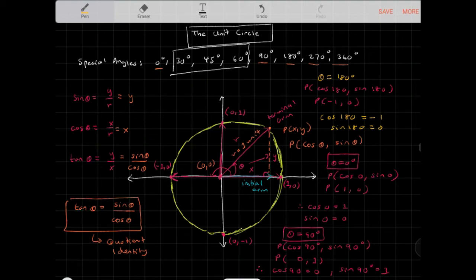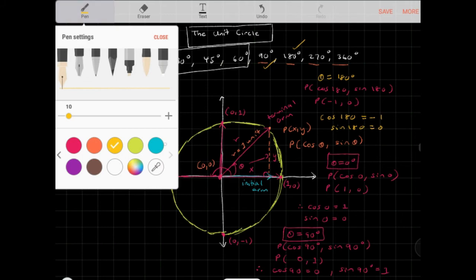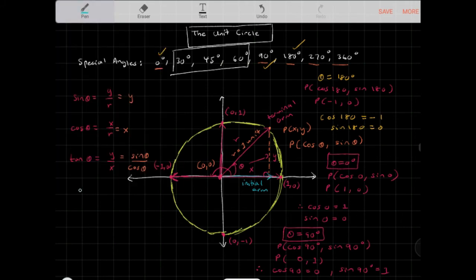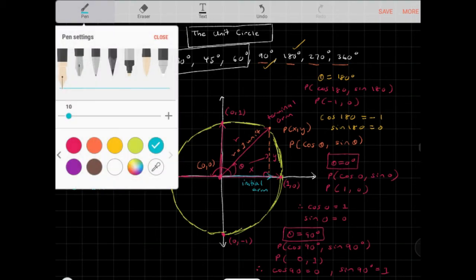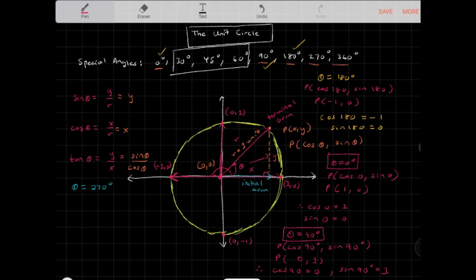Let's take a look at the next special angles. So we figured out values of 90 and 180, let's look at 270 and 360. Okay, so I'm just going to erase this, because we'll get back to that afterwards. But let's take a look at when theta is equal to 270 degrees. When theta is 270 degrees, our terminal arm can be located here.